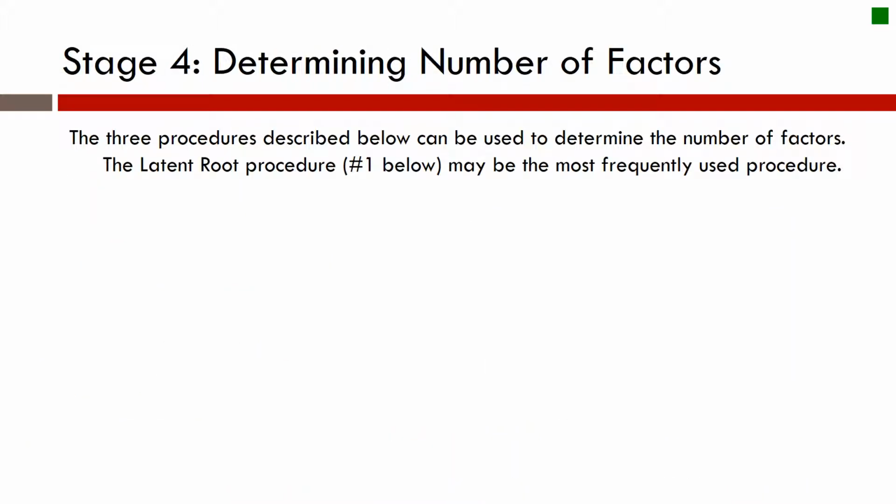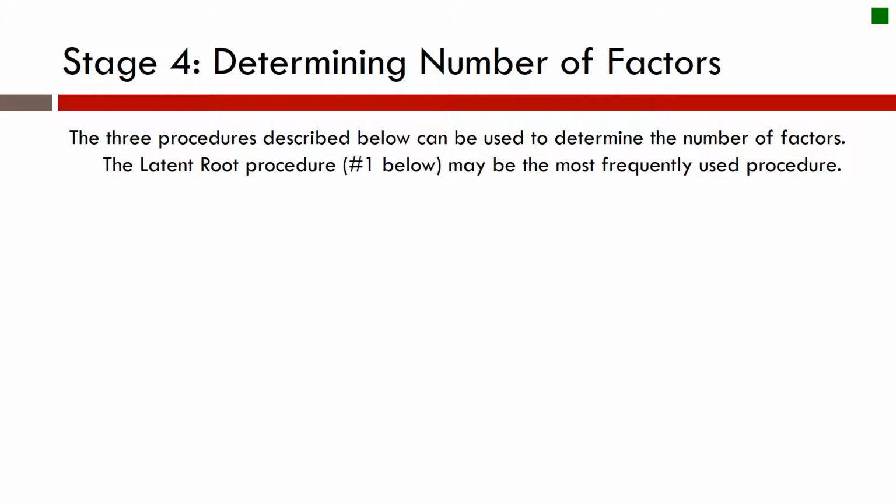There are three basic considerations where we choose the number of factors that we want to consider. And again, this is an iterative process, so we're going to go back and forth, probably looking at numbers of factors and the variables that we're going to use.